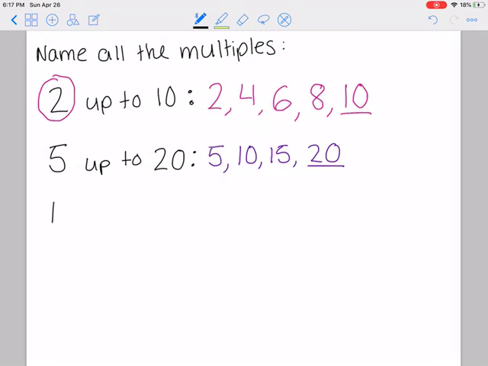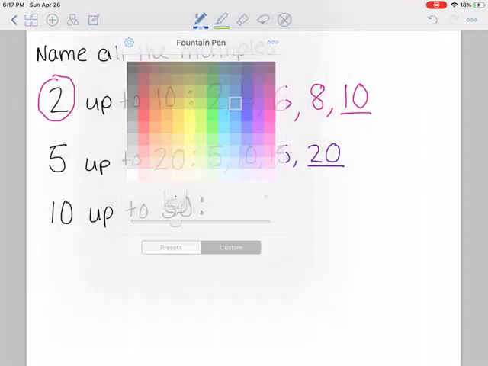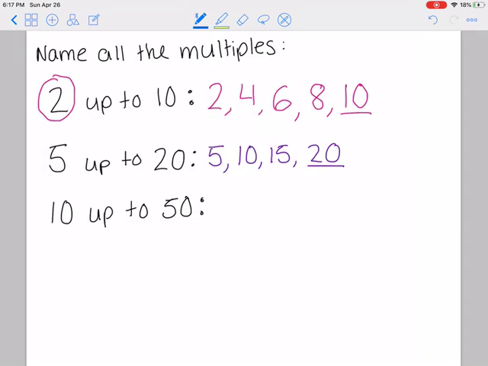And the last one for this set is 10 up to 50. So 10 times 1 is 10. 10 times 2 is 20, and then you would keep going. 30, 40, and 50.